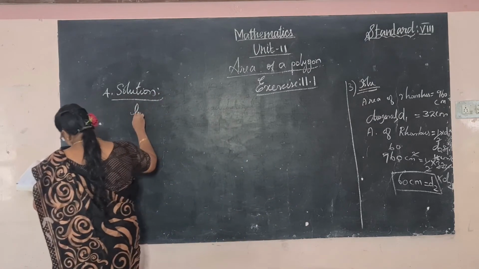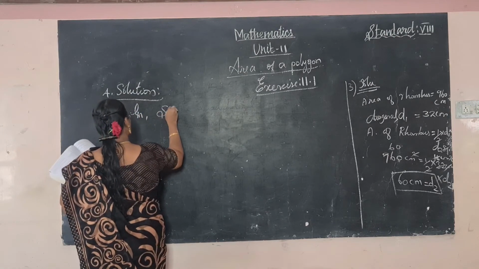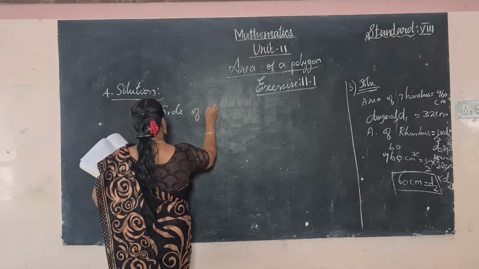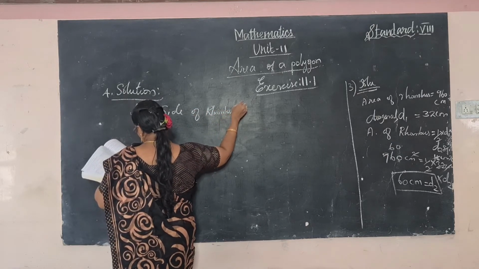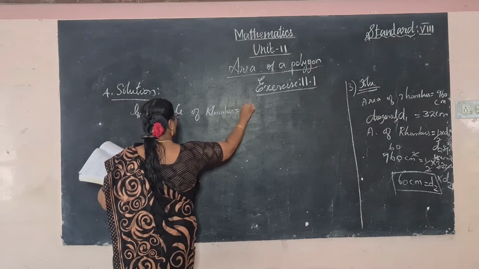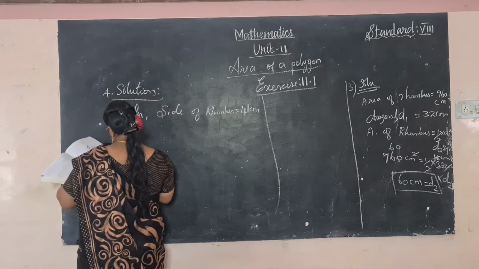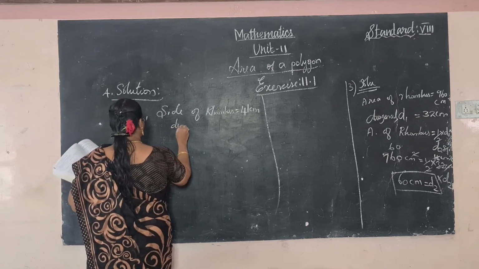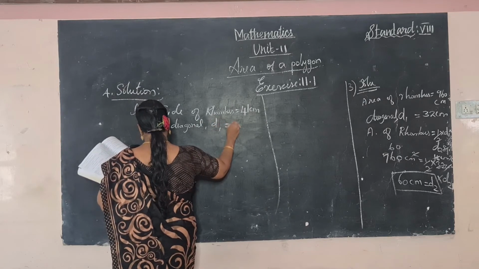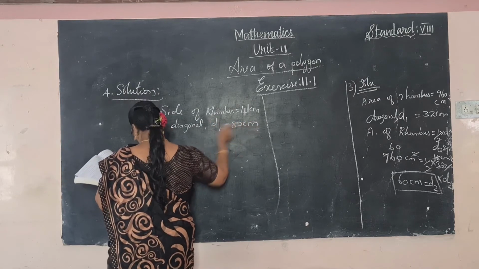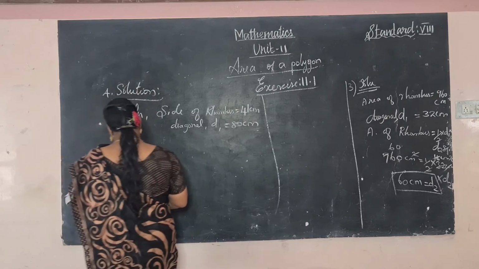The side of the rhombus is 41 centimeters and diagonal D1 is 80 centimeters.